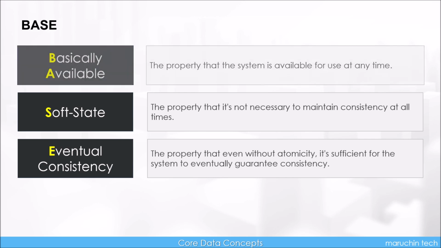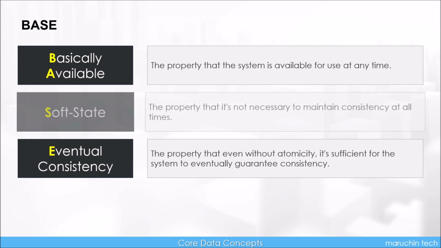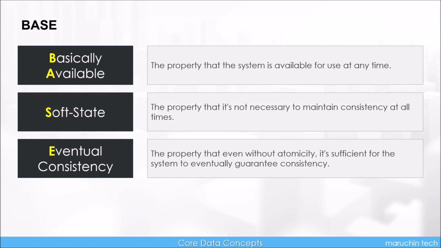It stands for Basically Available: the database appears to work normally most of the time. Soft state: the state of the database may change over time, even without input. And Eventually consistent means the database will become consistent over time, but doesn't guarantee immediate consistency.